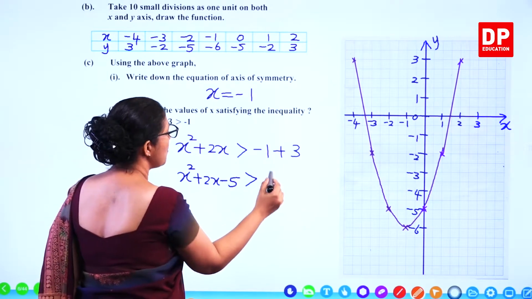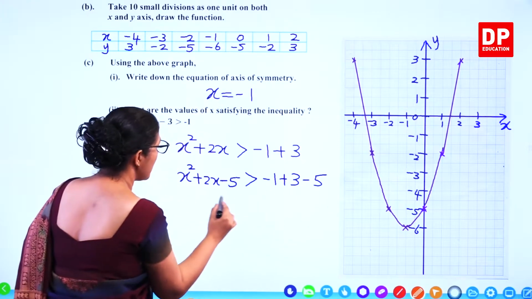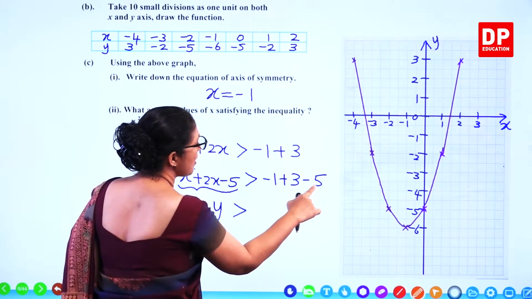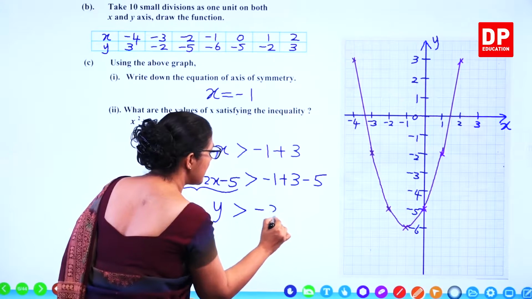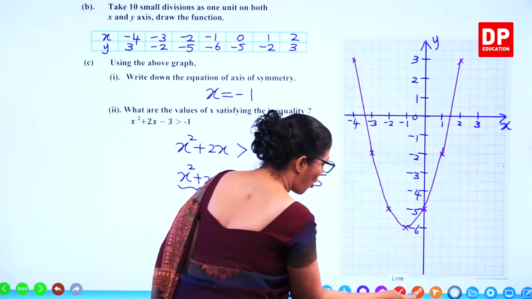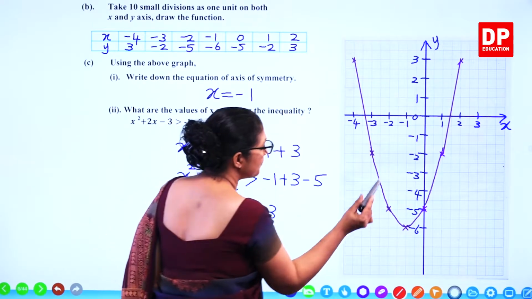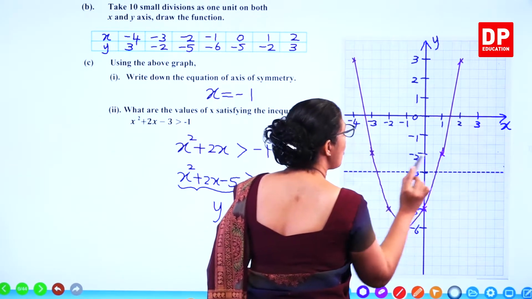So here when you subtract 5 from both sides, what you get? This is the y value here. Greater than -1 plus 3 is 2. 2 minus 5, minus 3. Y is greater than -3. So we'll draw the broken line for y equals -3. That's this one. -3 is not equal.